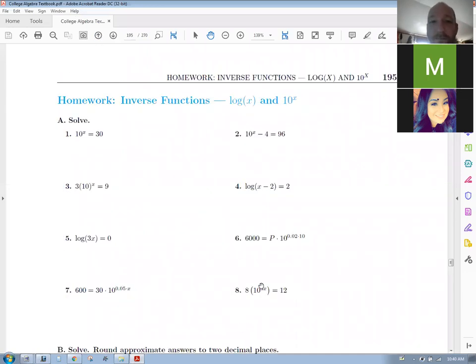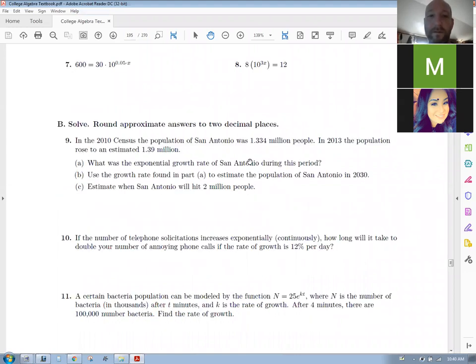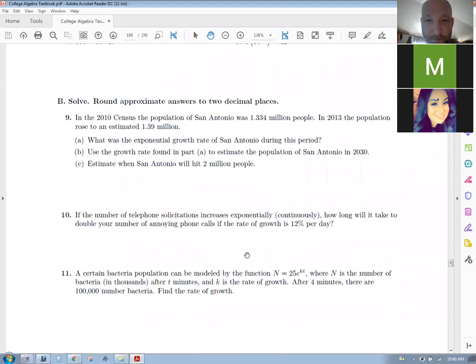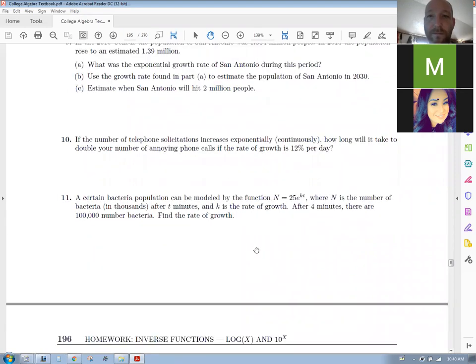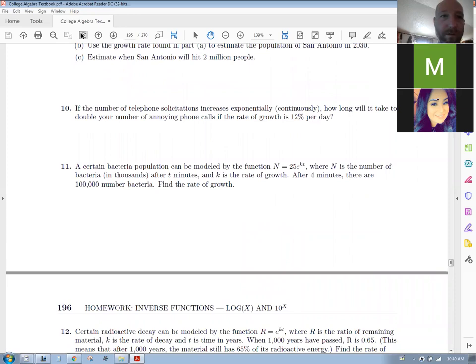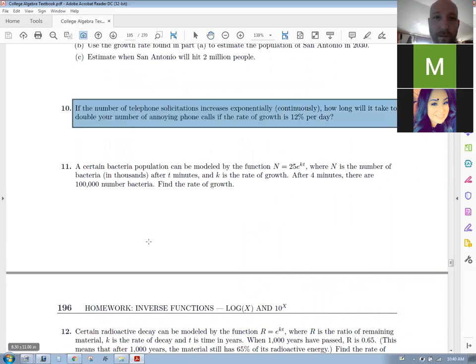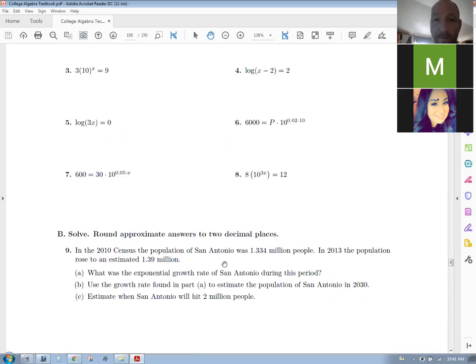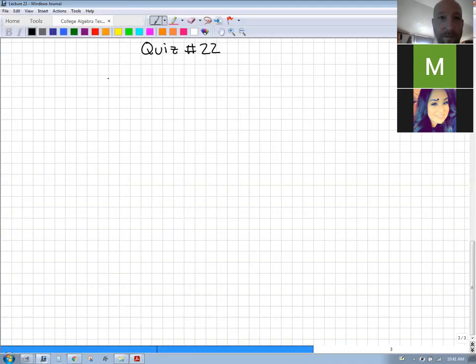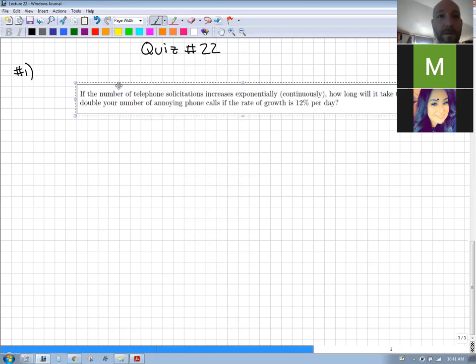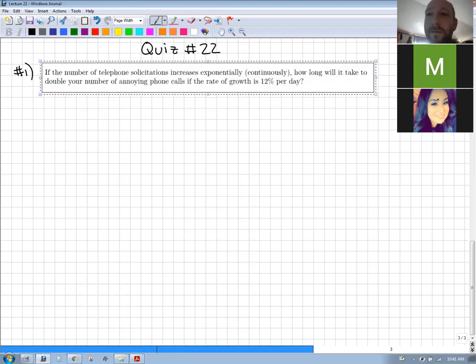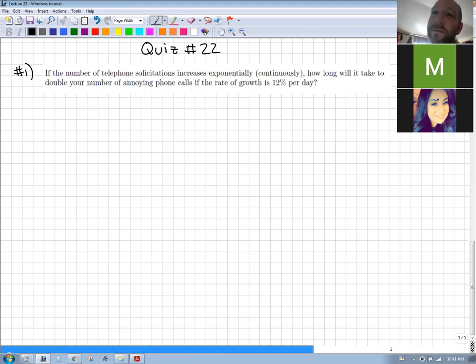That's the one we just did. So we can do this one here, page 195.